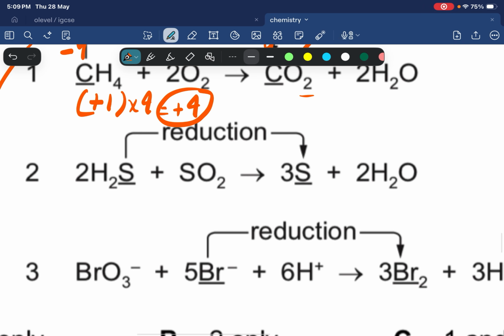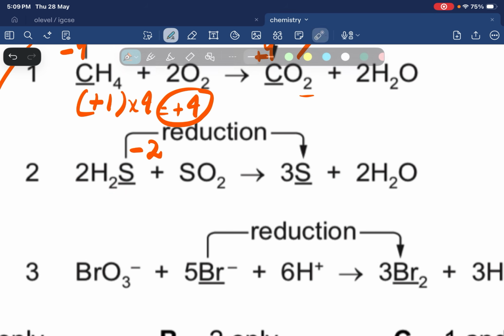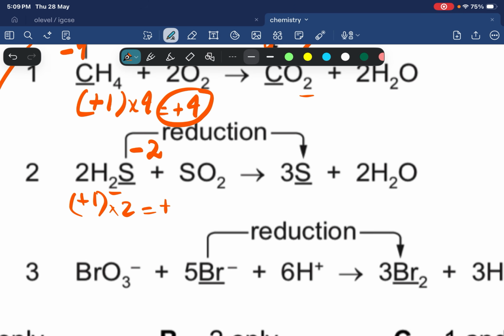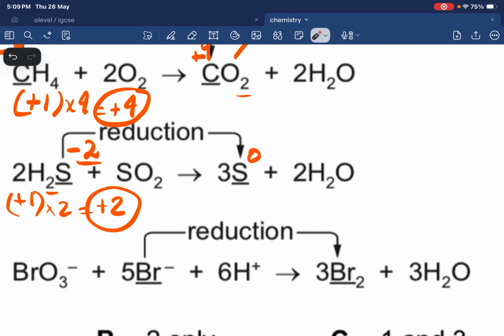Next. Sulfur over here is a -2. Why? Because when hydrogen is attached to a non-metal, it gets a positive charge. Hydrogen is positive 1 here and we have 2 hydrogens, so positive 1 times 2 equals a positive 2. To balance out a positive 2, we need a -2 on sulfur. And over here, sulfur has an oxidation state of 0, because whenever elements are free, they have an oxidation number of 0.